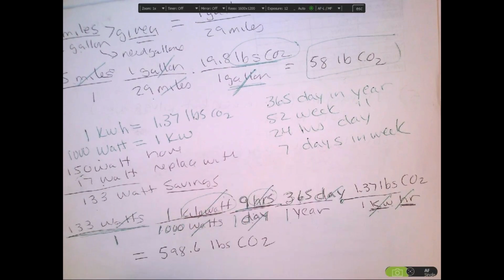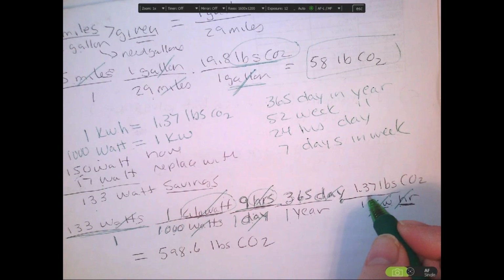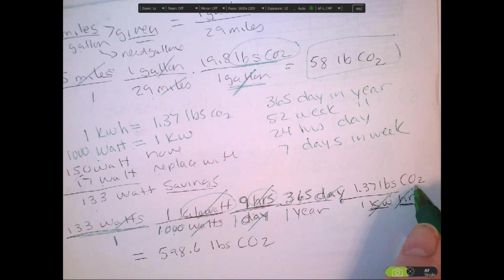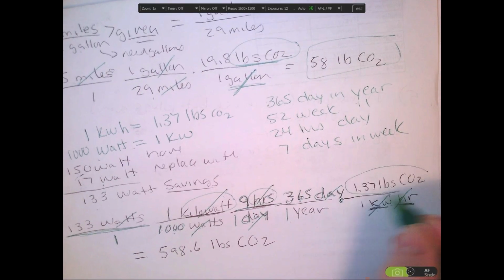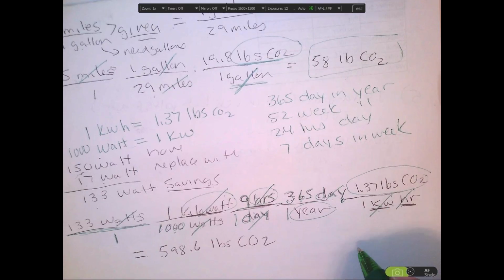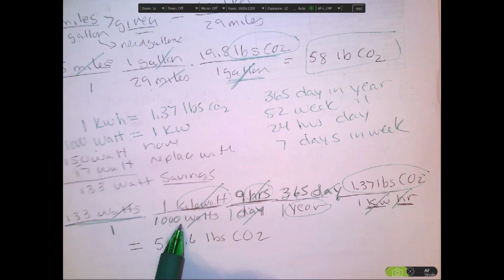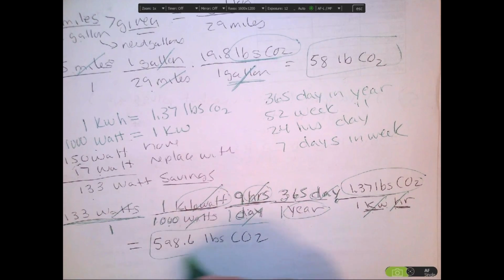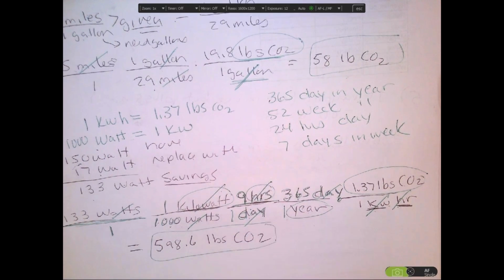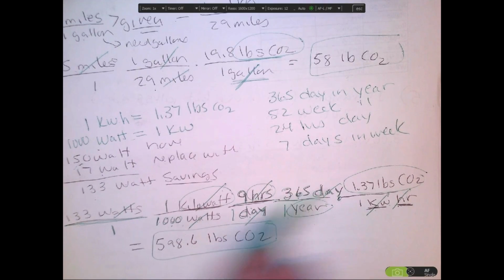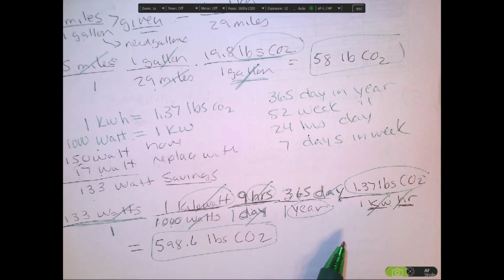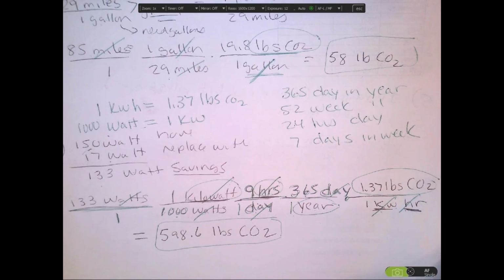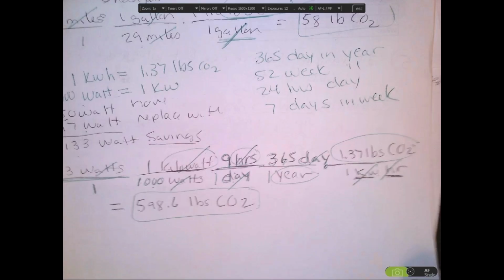That will cancel both of these. That's equal to 1.37 pounds of CO2, which is what we want per year. Multiply, divide, multiply, multiply, multiply. 598.6 pounds of CO2. You just have to go through very carefully with all the hours. What are they asking? Weeks, days, years, hours. Okay.